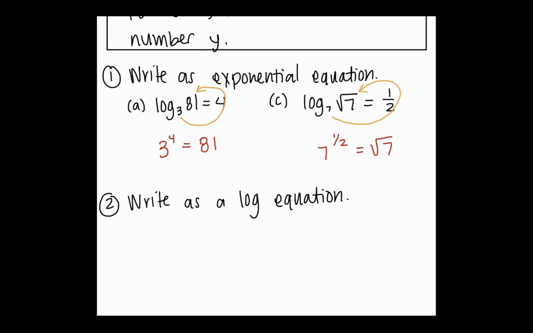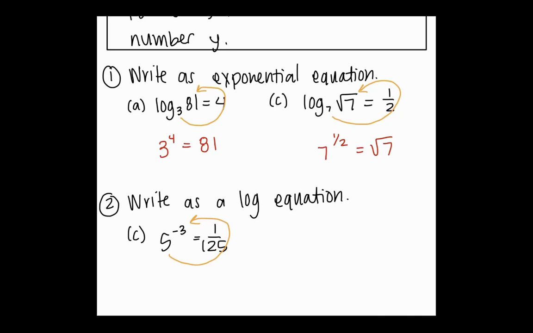If I give you something like C, so I'm doing number 2, this is in your book, that's why I'm starting with C. Let's go 5 to the negative 3 equals 1 over 125. When I write my equation, I'm going to start at the base, work my way around.